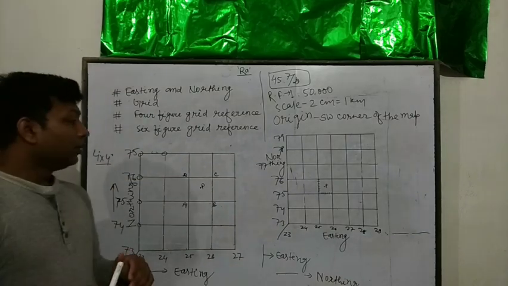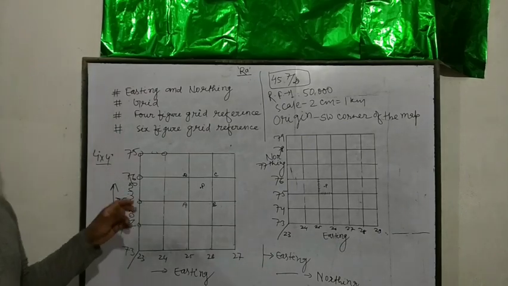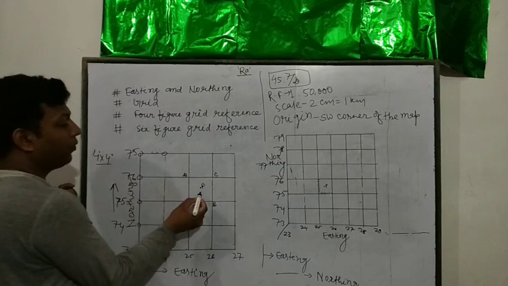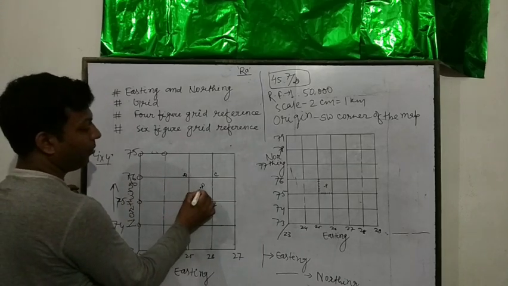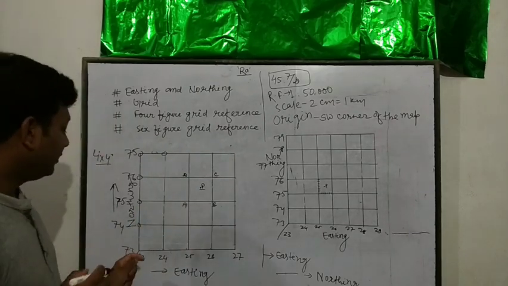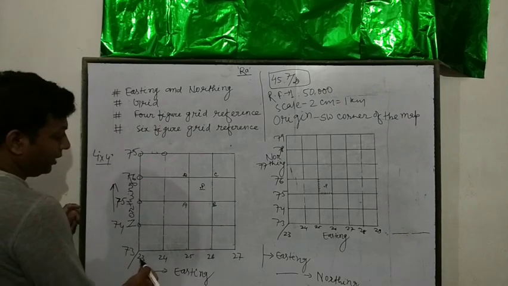Okay. With this, if someone asks us to find the 4-figure grid reference of P, what is the 4-figure grid reference? Just calculate it like this. From here you can measure it.